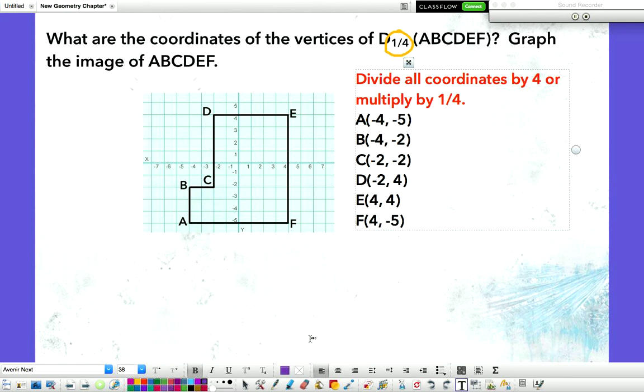So A prime, okay, -4 divided by 4 is -1. -5 divided by 4 is -1 and 1/4, or -1.25. B prime, -4 divided by 4 is -1. -2 divided by 4 is -1/2.